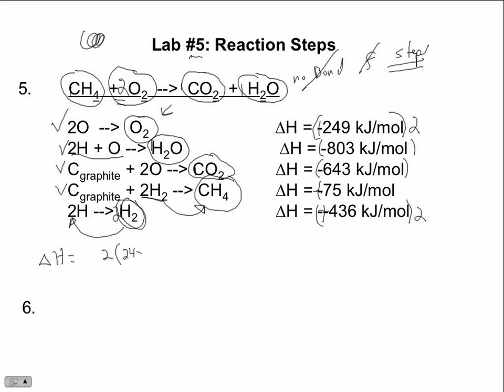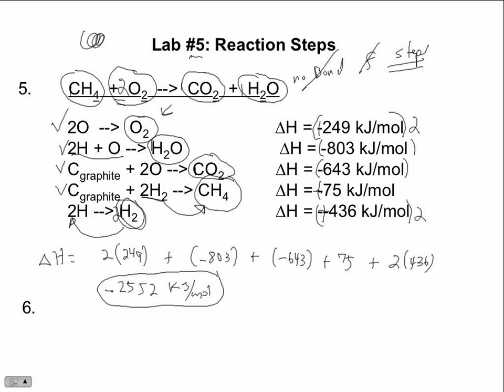To get an overall delta H to be 2 times 249 plus a negative 803 plus a negative 643 plus 75 plus 2 times 436 to give us an overall delta H of negative 2552 kilojoules per mole.